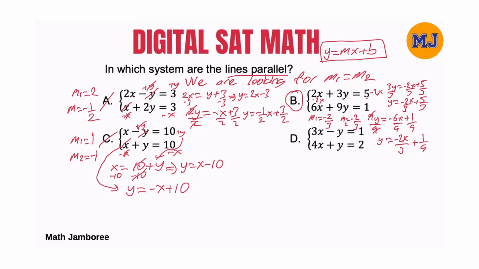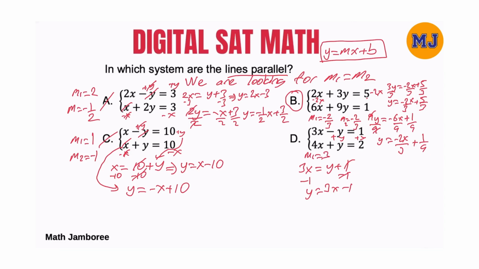But let me show you choice D as well. We will add y to both sides. Then the equation becomes plus 1, and take away 1 from both sides. y is equal to 3x minus 1. So m1 is 3.